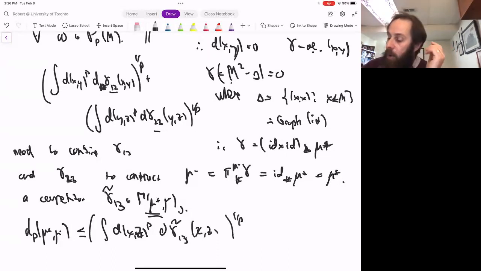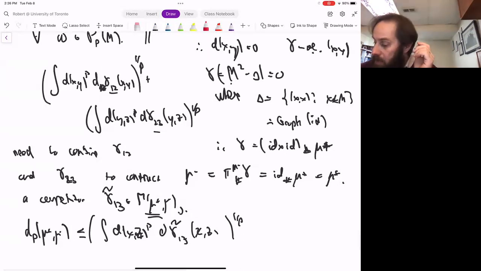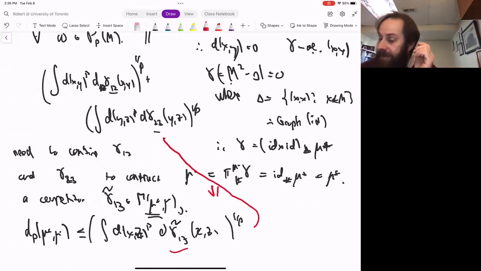Hopefully I can construct gamma 1 3 in such a way that this is the key inequality, that this is less than this sum over here. That's the idea.